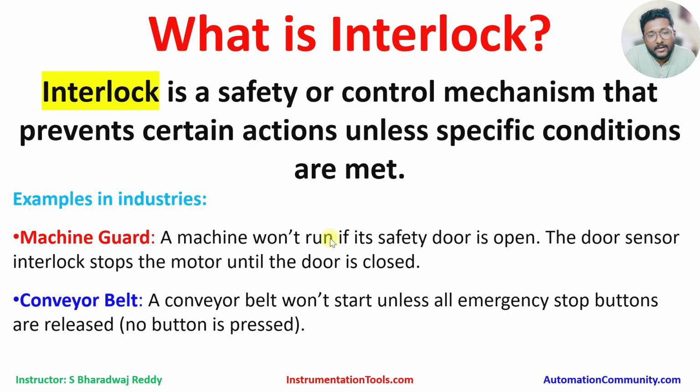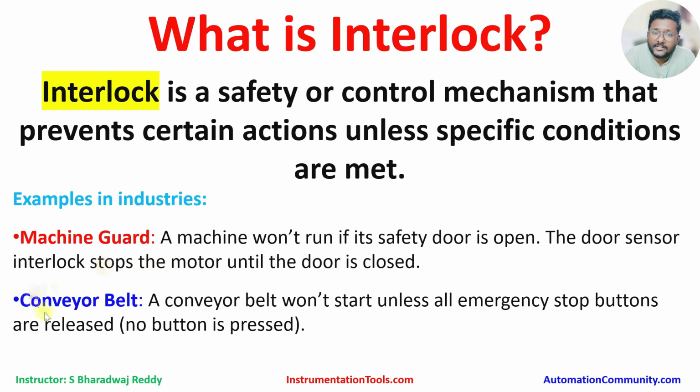When there is an interlock for this safety door, even though the operator gives the start command, the machine will not start because the door sensor interlock stops the motor. The program will not activate the output command even though the operator gave the start command, because of the safety interlock program.